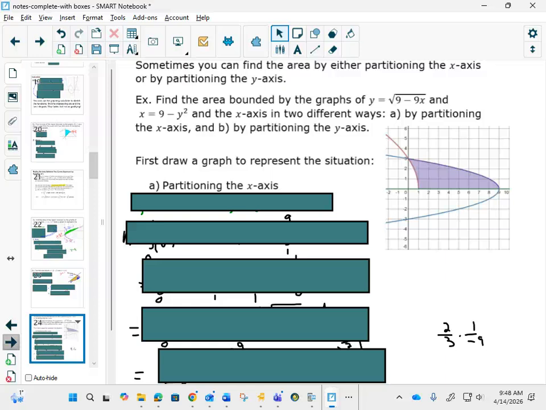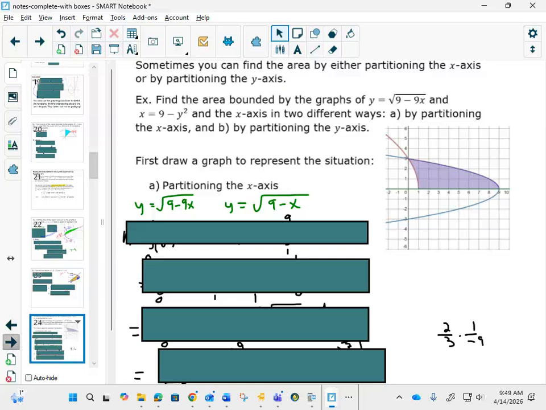If I partition my x-axis, I'd have to get all my y's by itself. So I move the 9 over, I get my y squared by itself, I square root. And now I have y equals 9 minus 9x and y equals 9 minus x.